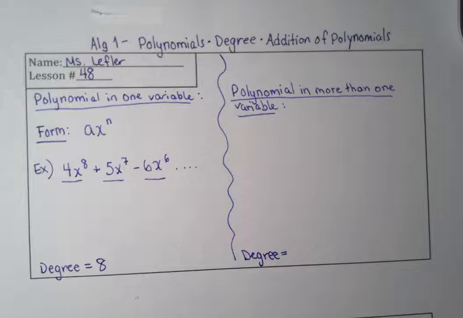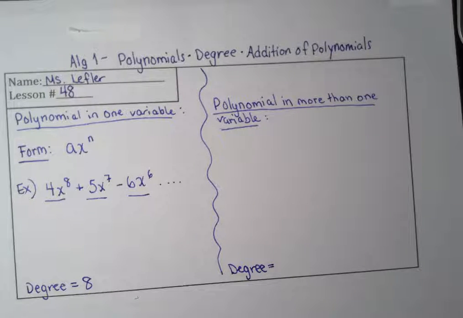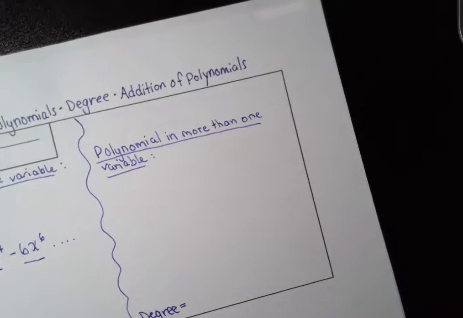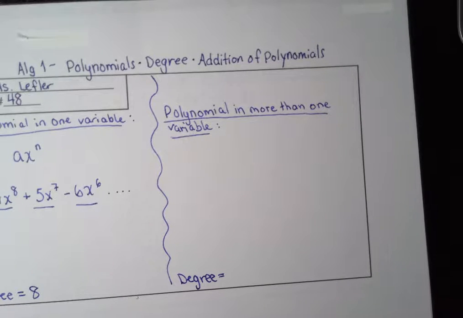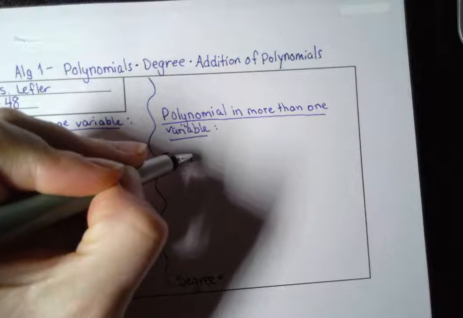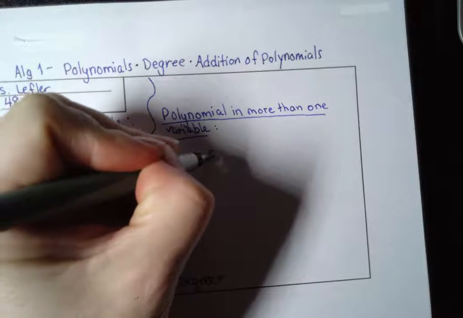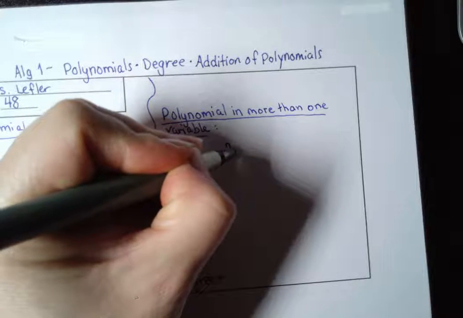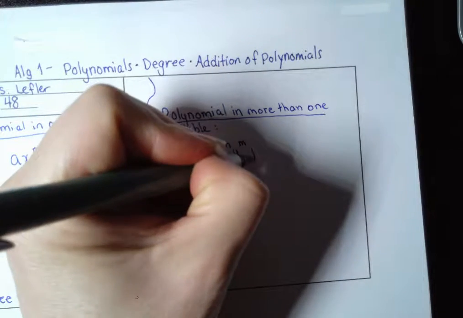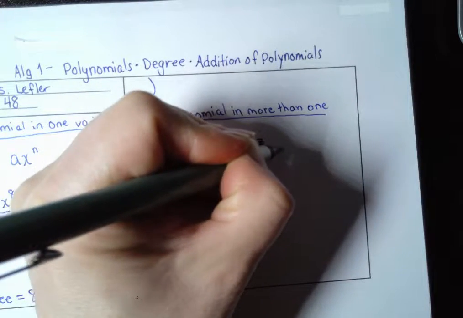So let's look at a polynomial in more than one variable. When you see a polynomial in more than one variable, the form might look something like this, where it's ax to the n, y to the m, z to the p, and so on.